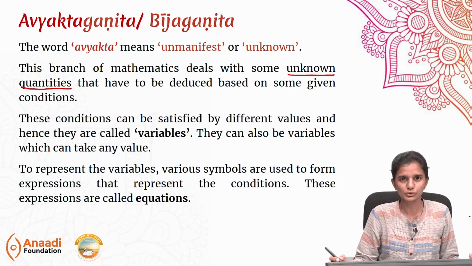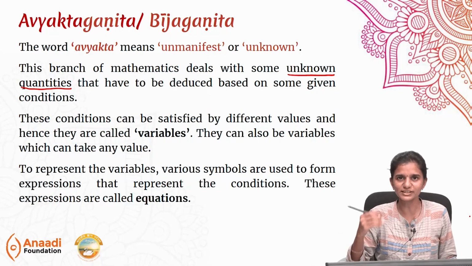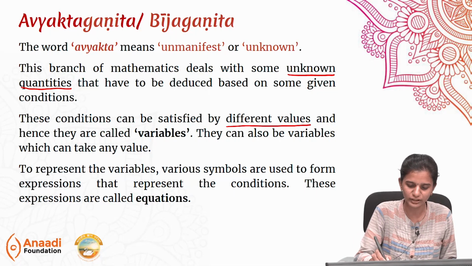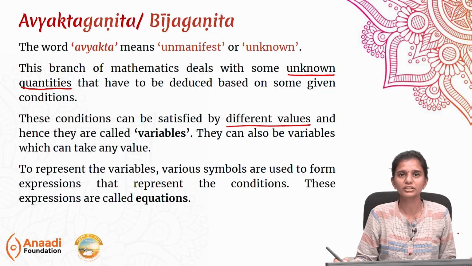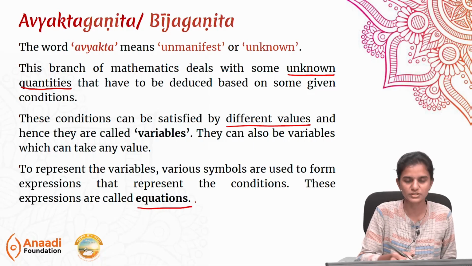They can be deduced based on some given conditions. These conditions can be satisfied not by just one value but by different values. That is why they are called variables. To represent variables, various symbols are used to form expressions that represent the conditions. These expressions are called equations.